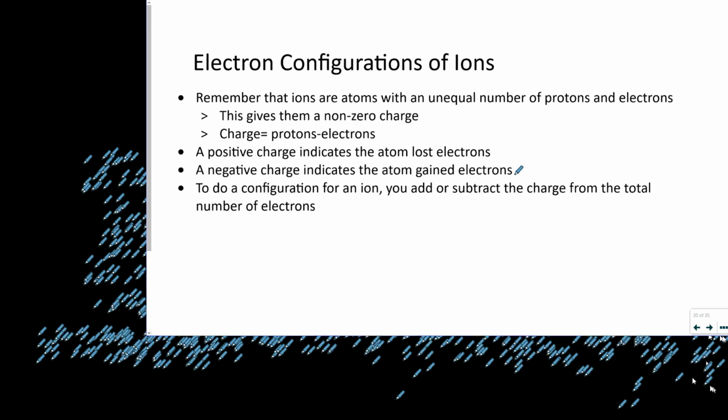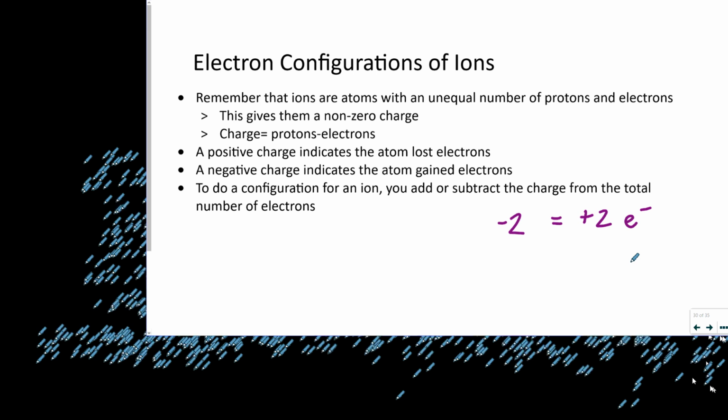To do a configuration of an ion, you're going to do the exact same pattern, the exact same steps, but you add or subtract the charge, however many electrons were lost or gained, from the total number of electrons. And it's always the opposite. So if you have something that is a -2 charge, what that means is you need to add 2 electrons to your total number.